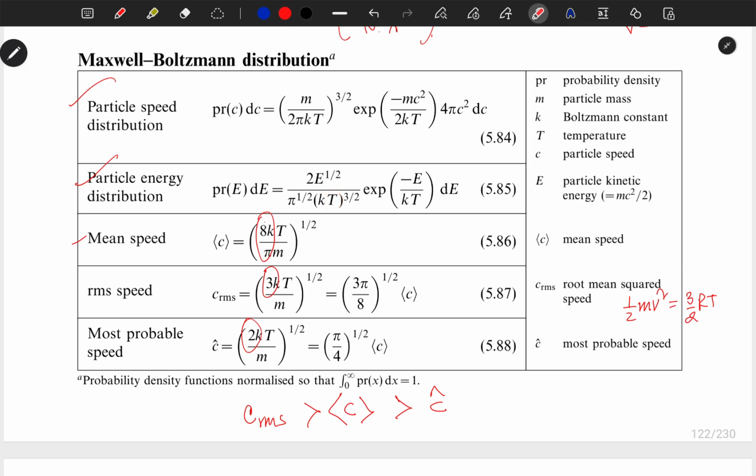Mean speed is square root of 8 by pi times kBT by m to the power half. RMS speed is square root of 3 kT by m. Most probable speed is square root of 2 kT by m. So RMS speed is larger than average speed, and it is larger than the most probable speed.